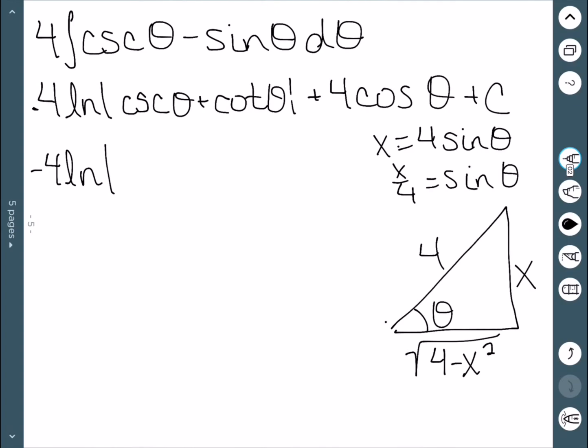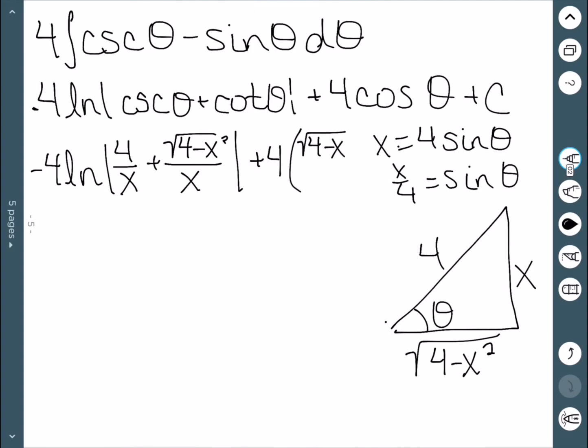Cosecant is hypotenuse over opposite, so 4 over x. Cotangent is adjacent over opposite. So there we have the square root of 16 minus x squared over x. And then cosine is adjacent over hypotenuse. So we have 4 times the square root of 16 minus x squared over 4, and then plus c.